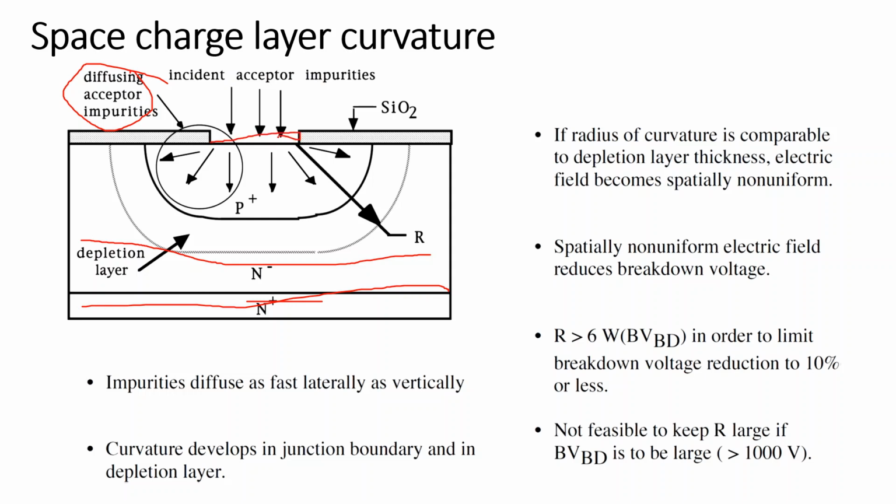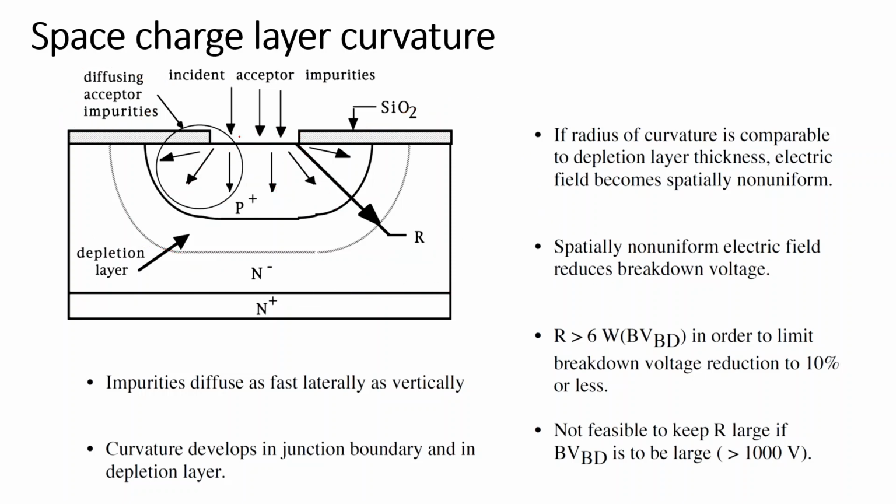There is a window here, and there is silicon dioxide here, which is an insulator. The acceptor impurities diffuse into this region through the window to make it a P plus type material, right?